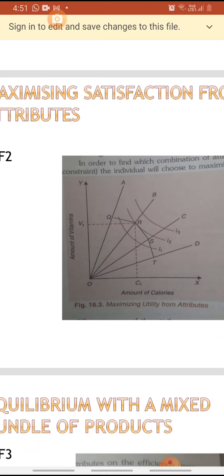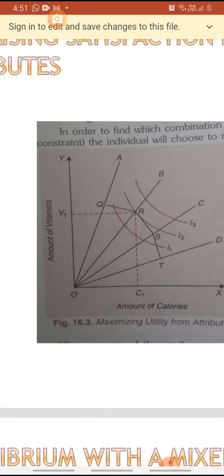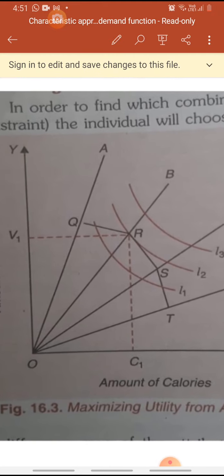4 products, that is QRST, that indicates the maximum amount that the consumer can spend on each item. That is the efficiency frontier or budget constraint. When the budget constraint is tangent to the highest indifference curve, that point gives maximum satisfaction.